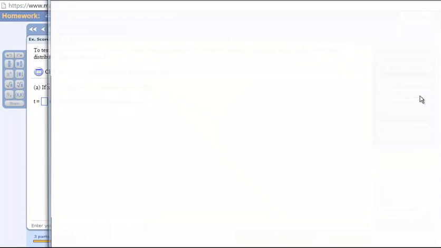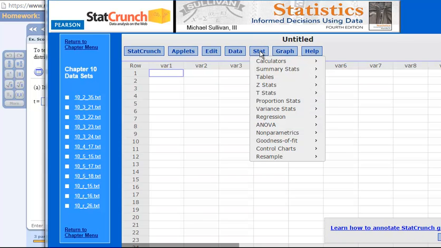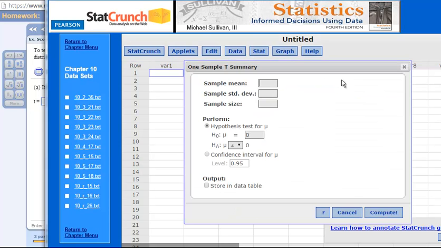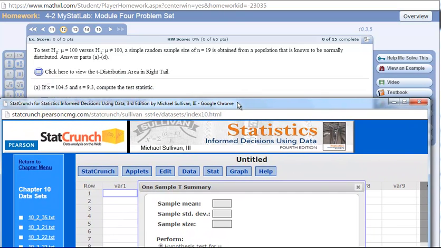We can do this easily in StatCrunch. We pull this open and go into Stat, T Stats, and this is a one sample test with summary data. The null hypothesis is that the mean is 100, and the alternative is that it's not 100. Then 104.5 for the sample mean, the sample standard deviation is 9.3, and the sample size is 19.